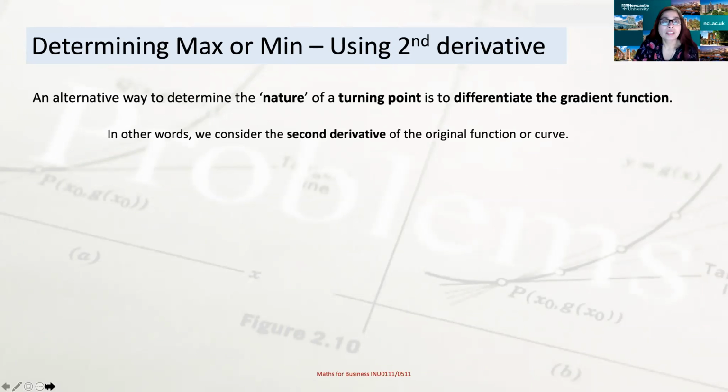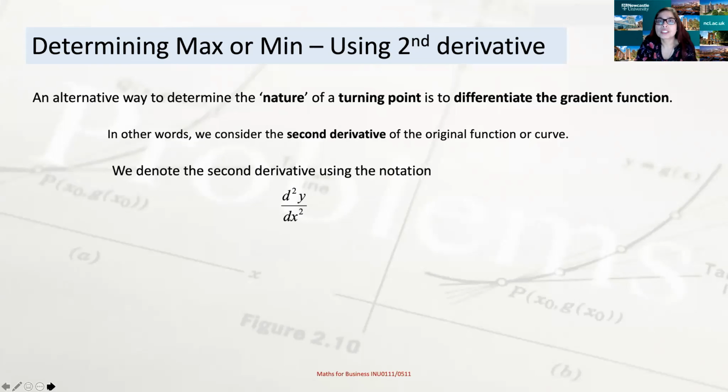What we do here is take the second derivative of the original function, that is d square y by dx square. That means you differentiate the first time and then differentiate once again. You can represent it as d square y by dx square, or y double prime, or f double prime of x.